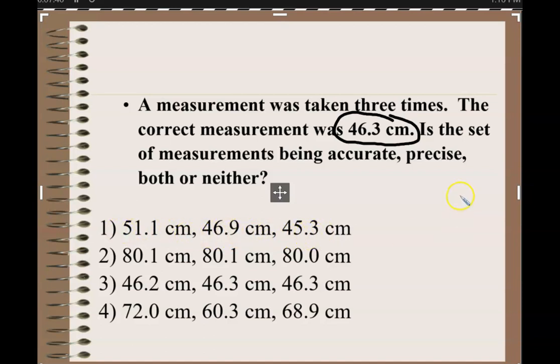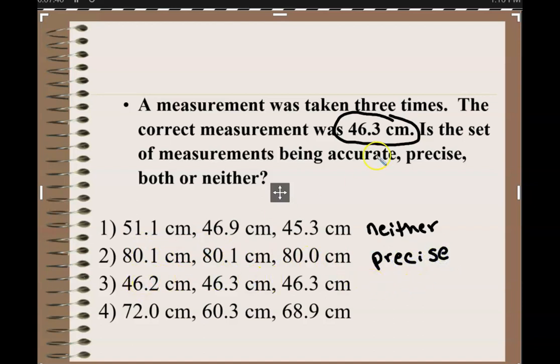So this would be an example of neither. So neither thing is happening here. So notice this one. Supposed to be getting 46.3, but we're getting 80.1, 80.1, and 80. I don't know what they're measuring with, but they're looking at the ruler awfully bad. So this is not accurate, but does it make sense that their numbers are close to each other, so this would be being precise?